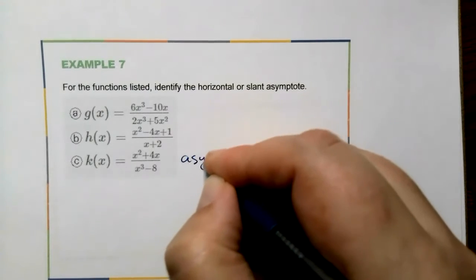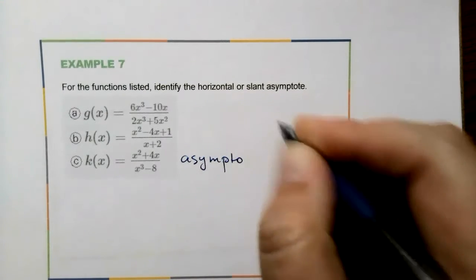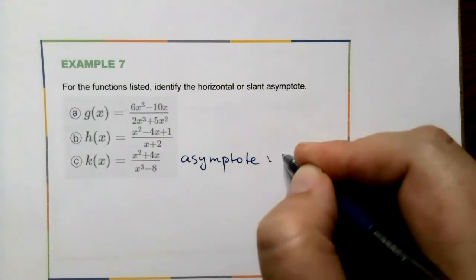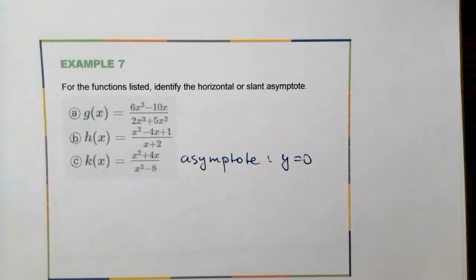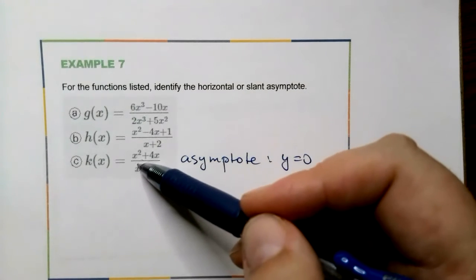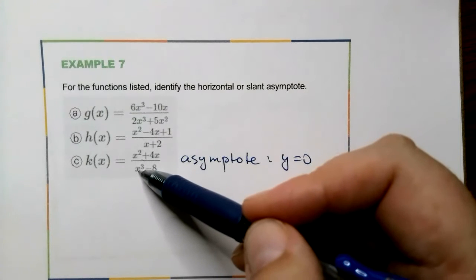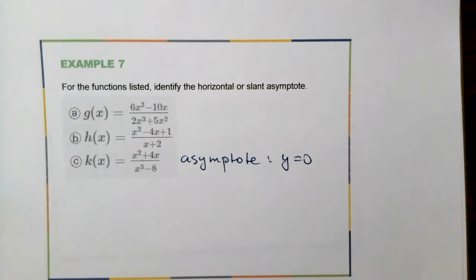The asymptote is y equals 0, right? Because the term in the denominator will overpower the term in the numerator, and it's going to get to 0.